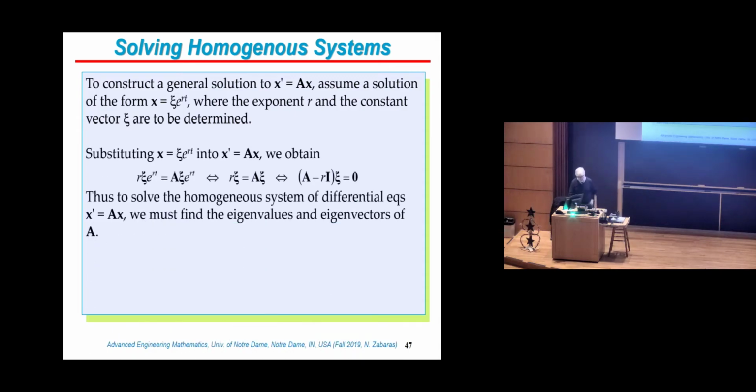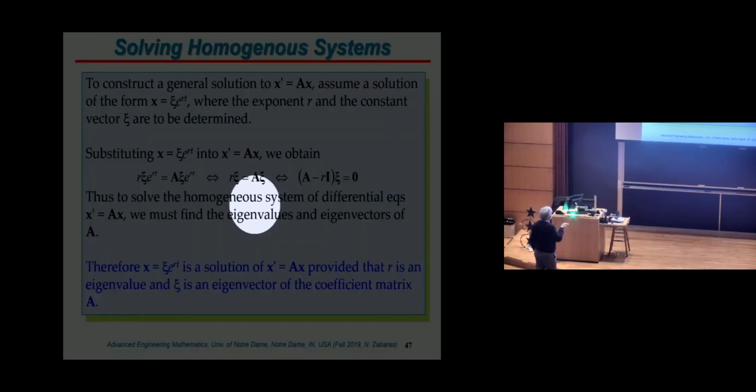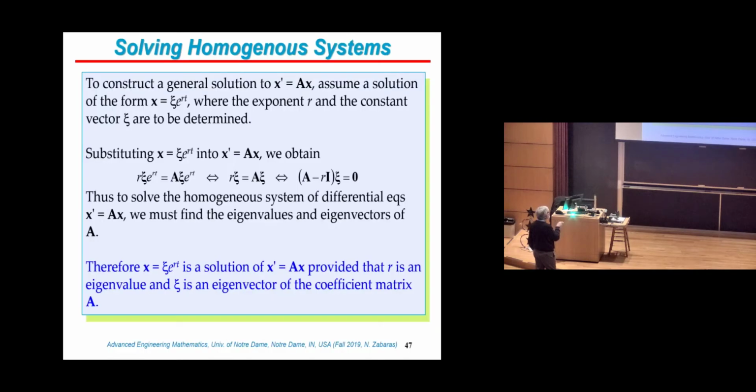All right, how do we get the solutions to dx over dt equals Ax? Again, this is a review from our linear algebra lectures. Look at the bottom. Do you remember that when trying to solve x prime equals Ax, the solution is of the form xi e to the rt, where r is an eigenvalue and xi is what?